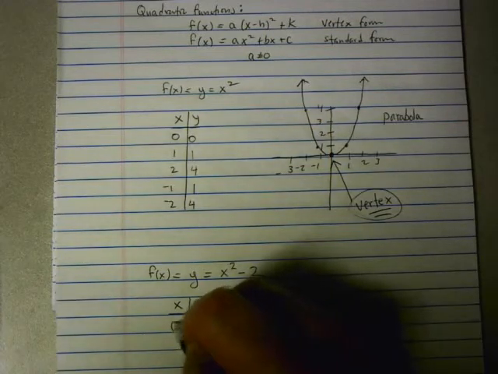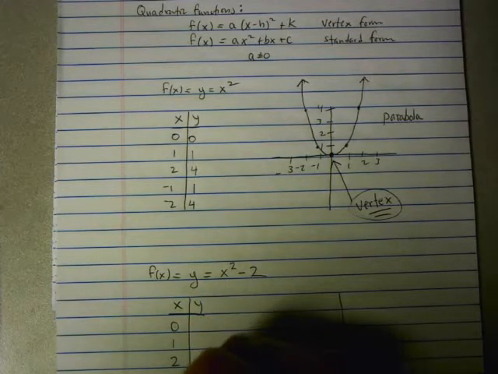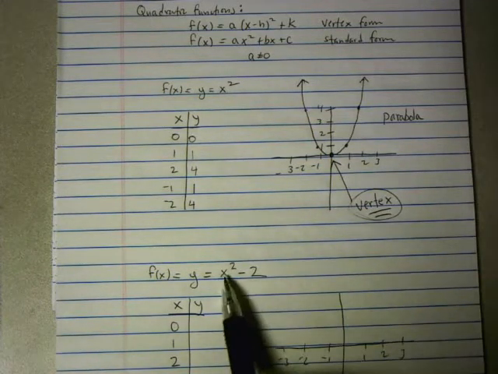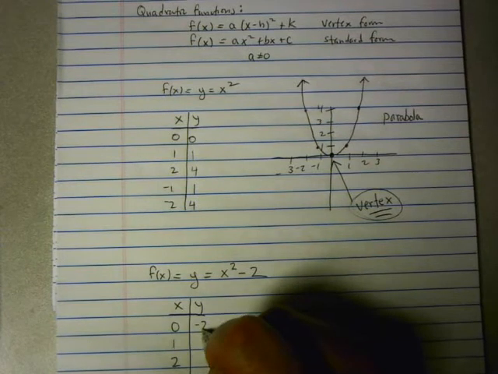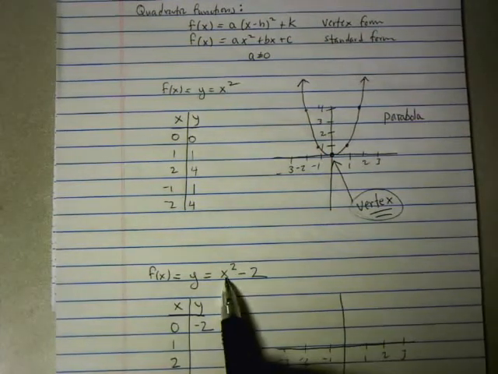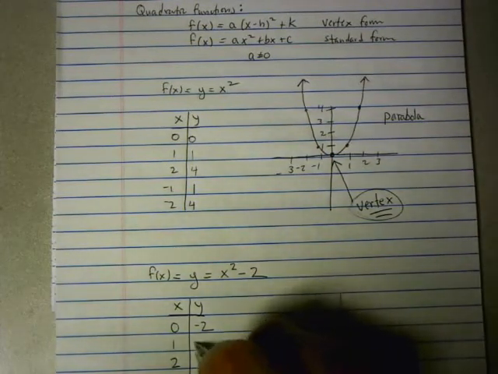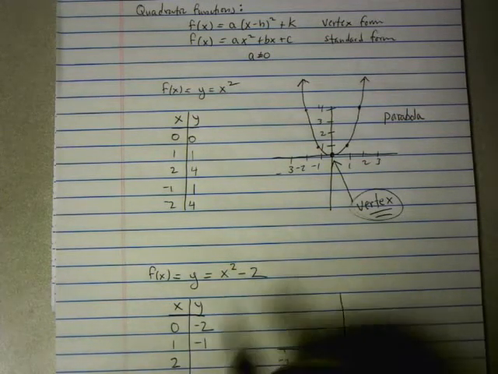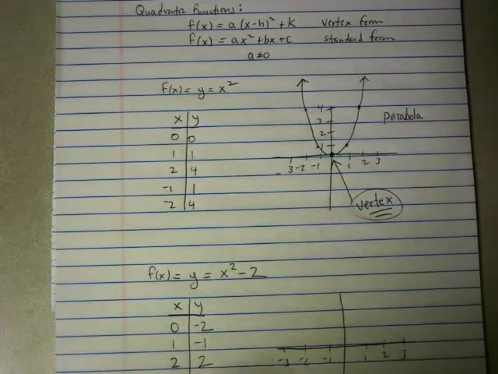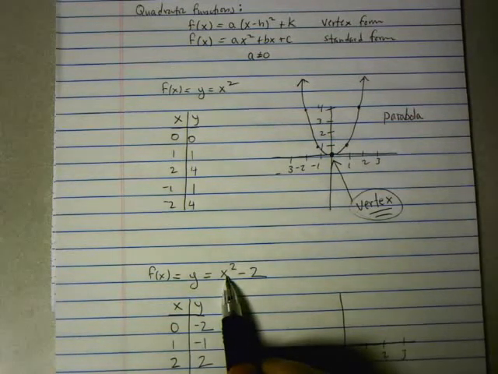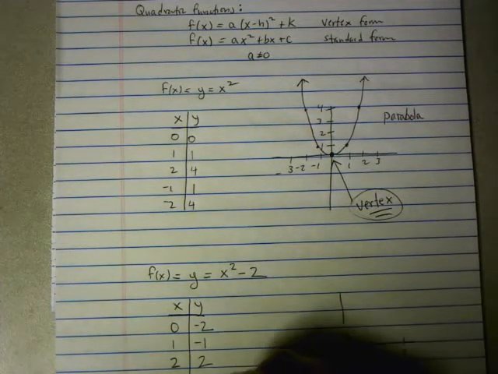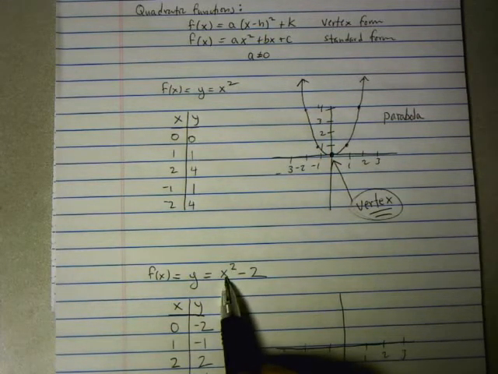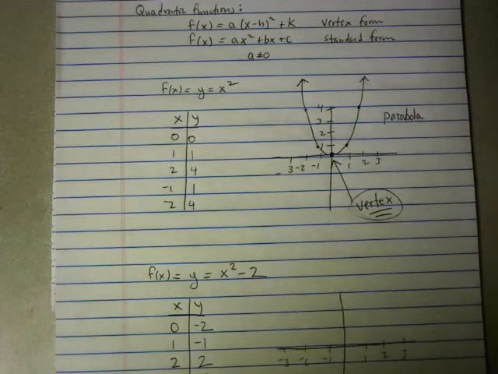And again, I'll pick my favorite numbers: 0, 1, and 2, and -1 and -2. When I plug 0 in, I get 0 minus 2, that's -2. When I plug 1 in, I get 1 minus 2, that's -1. When I plug 2 in, 2 squared is 4, 4 minus 2 is 2. And then when I plug in -1, -1 squared is 1, 1 minus 2 is -1. And when I plug in -2, I get 4 minus 2, that's 2.